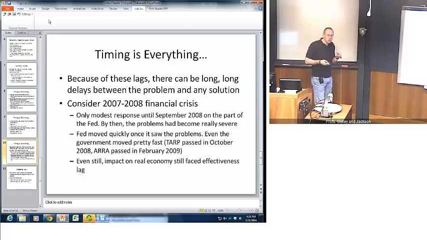However, even still, the effectiveness lag is going to be a problem, because a change in monetary policy, which impacts interest rates, for example, will take time to impact consumption and investment. Changes in government spending and taxation will take time to alter consumer behavior and firm behavior. So again, these lags might be months or possibly even years.